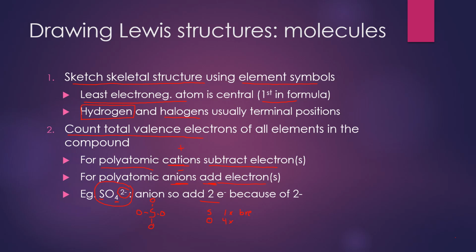Oxygen is the same, it's in the same group as sulfur, so it's also going to contribute 6. So that means I have 6 electrons coming from the sulfur. 4 times 6, I have 24 electrons coming from the oxygens. So to figure out my total valence electrons, I want to add those together, but I also want to add in those 2 extra electrons from that charge. So my total is going to be 32 valence electrons for that molecule.